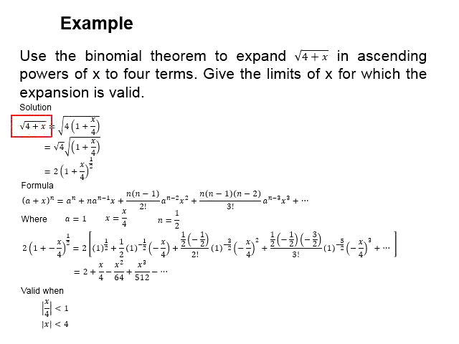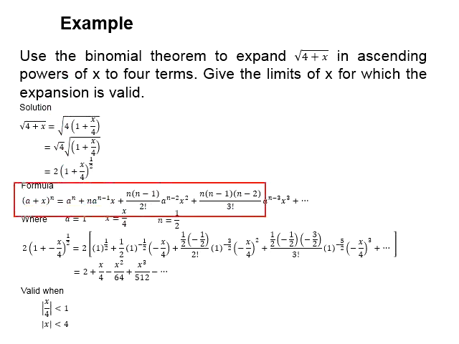Based on the solution here, you can actually use a equals to 4 and x is equals to x. And the n here will be equals to 1 per 2. And substitute into the formulas of the binomial theorems.